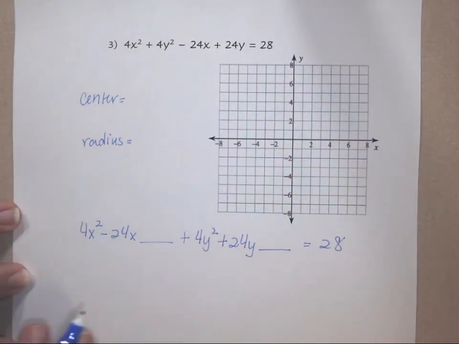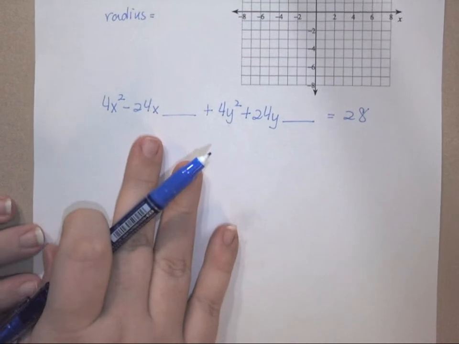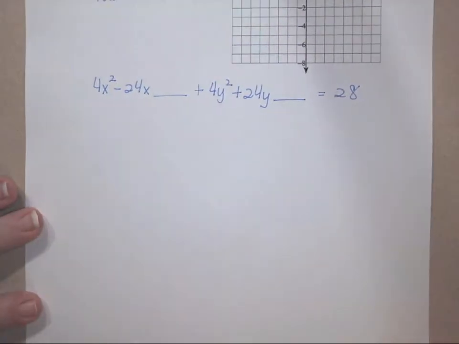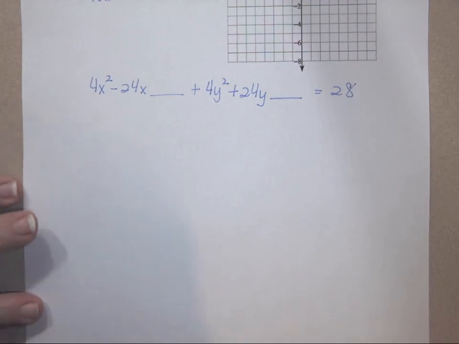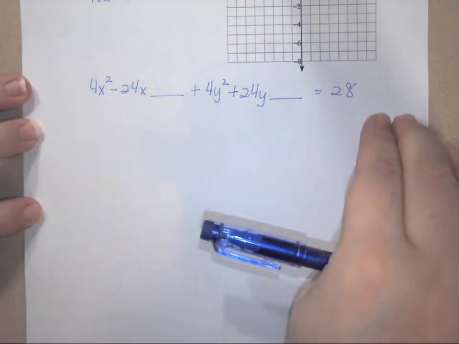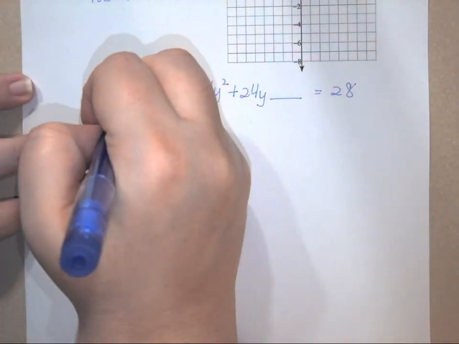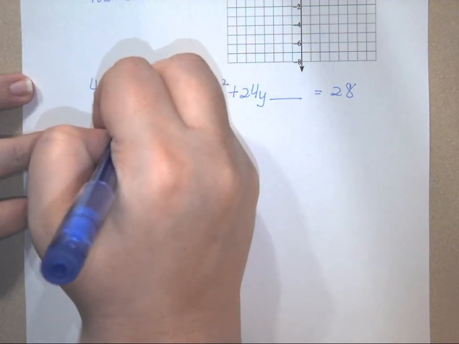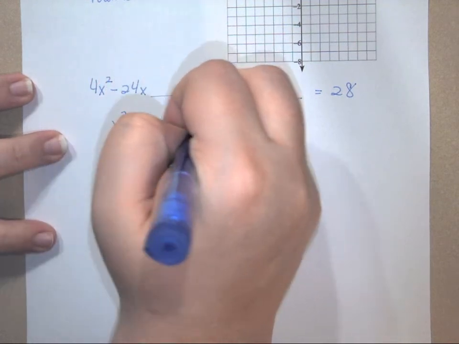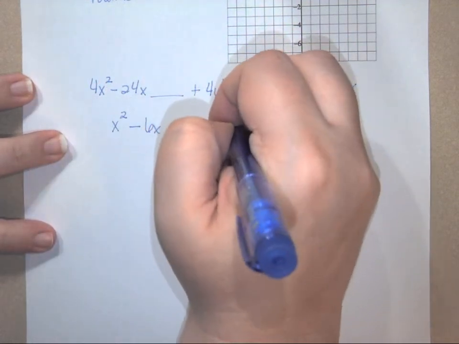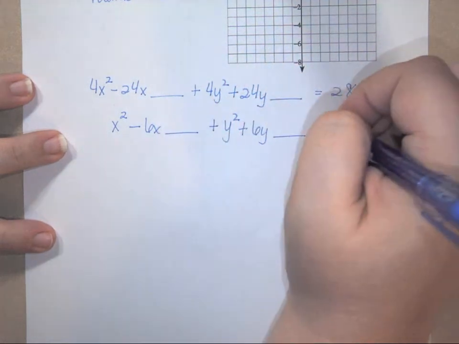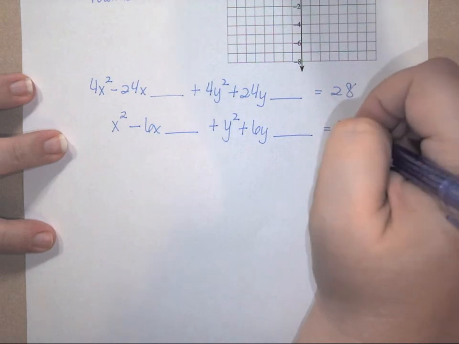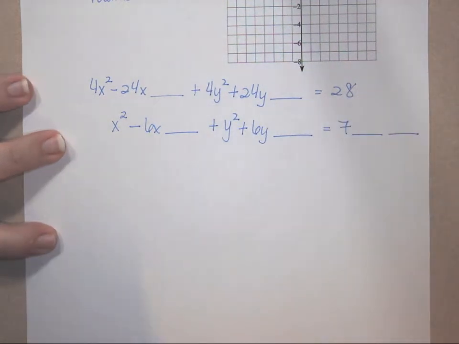My x and y squared terms have to have a coefficient of 1, so I'm going to divide everything by 4. This gives me x squared minus 6x plus y squared plus 6y equals 7, and I have my 2 spaces.